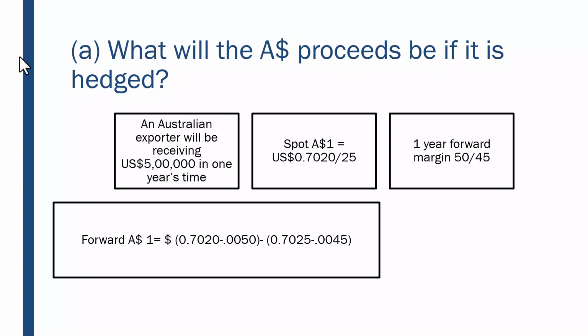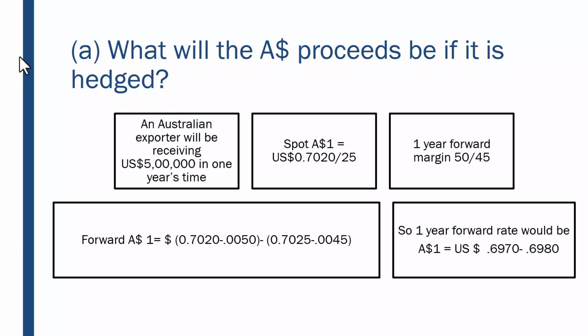Because those are the last points, for 50, 45 it is basically 0.0050 and 0.0045. You have to take that and then subtract from the quote. The 50 and 45 are the last two digits of the quote. So when we subtract it, we arrive at this rate. So 1 Australian dollar would actually be depreciating against the dollar and the rate will look like this. Is it clear? Okay, fine. Is it okay?